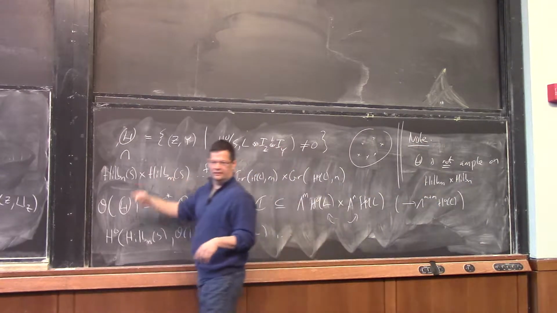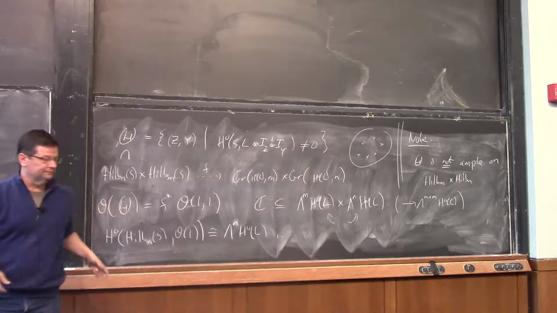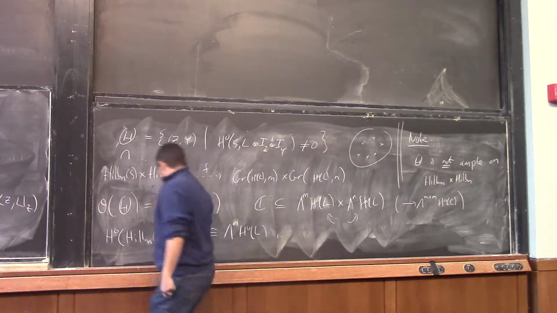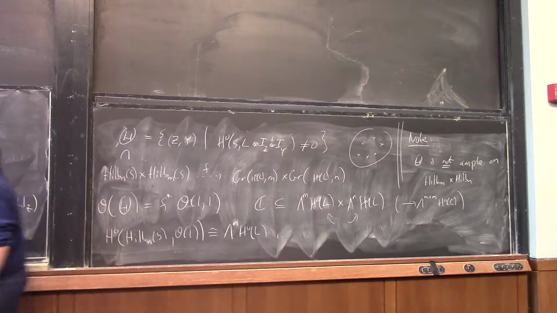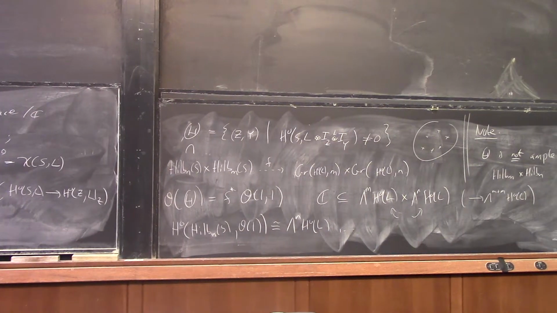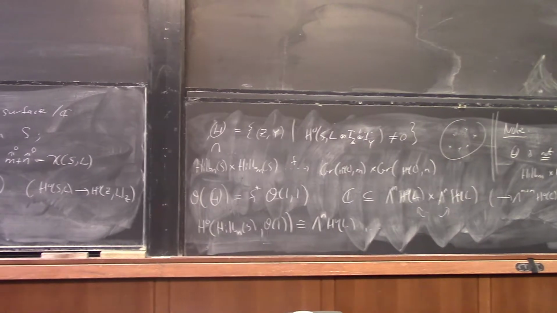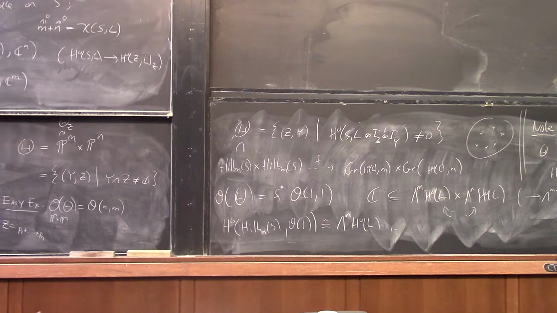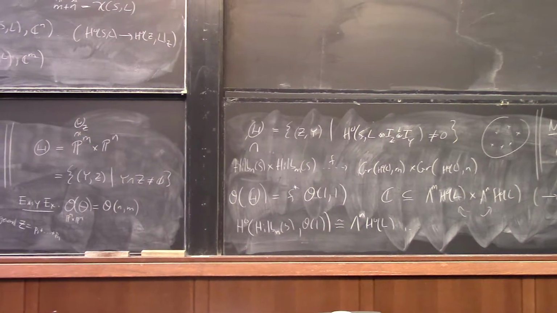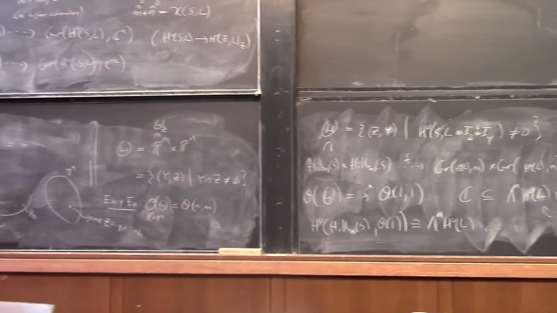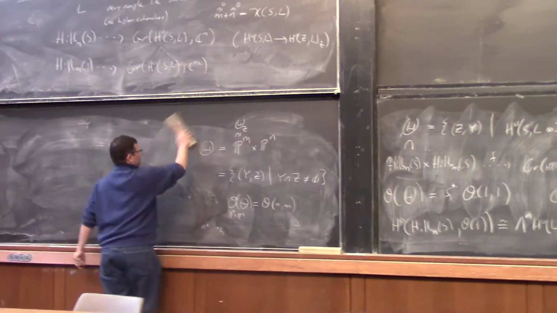This is not in general an ample line bundle or an ample divisor. Okay, so let me shift gears for a few minutes, and then I'll come back to these two examples.